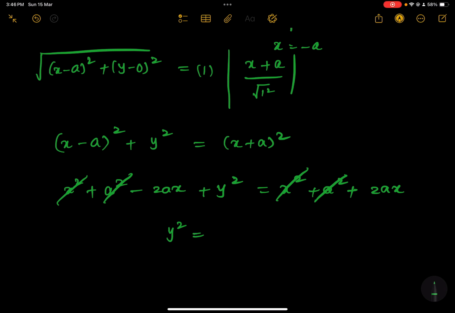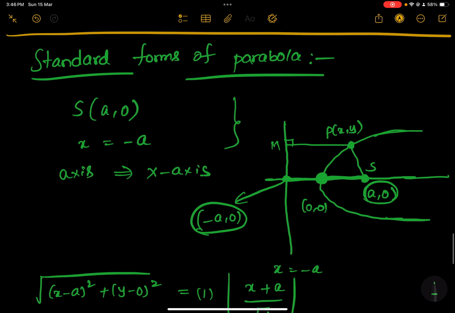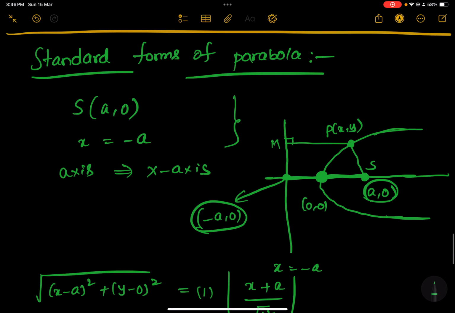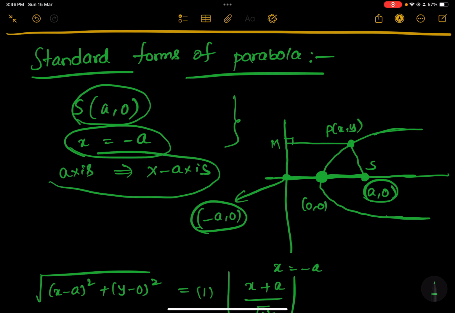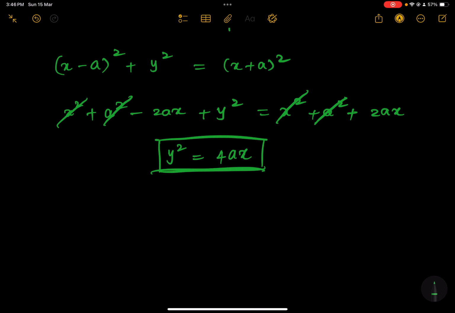So all you have is y square is equal to 4ax, and this is the equation of the standard parabola that we deal with in our JEE syllabus. So this parabola has the focus as (a, 0), its directrix is x is equal to minus a, and its axis is x-axis. The vertex is (0, 0), and the equation is y square is equal to 4ax.